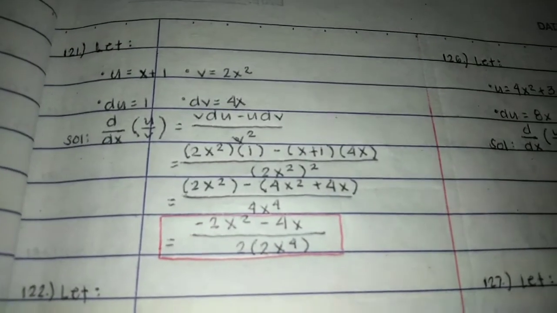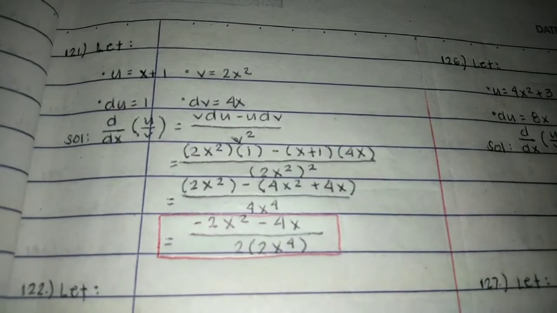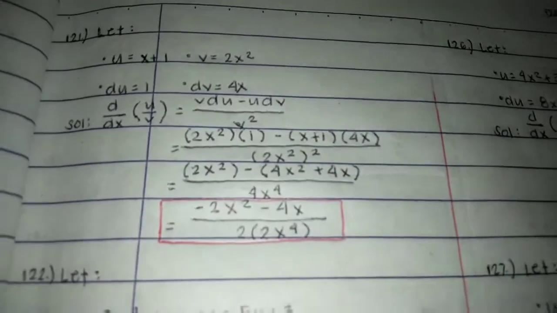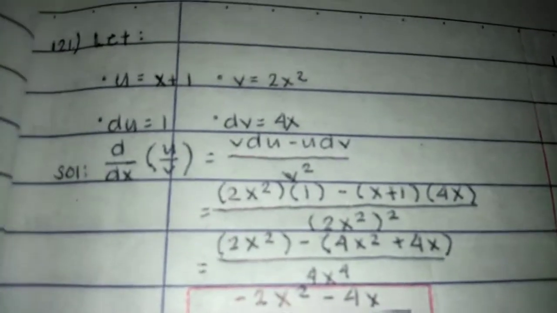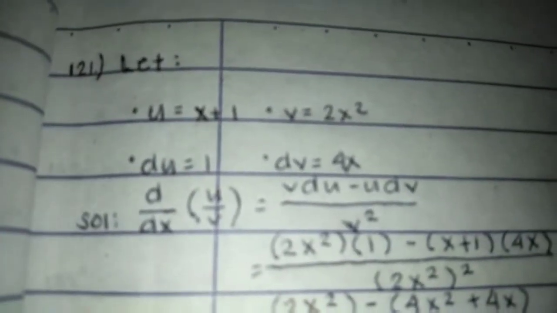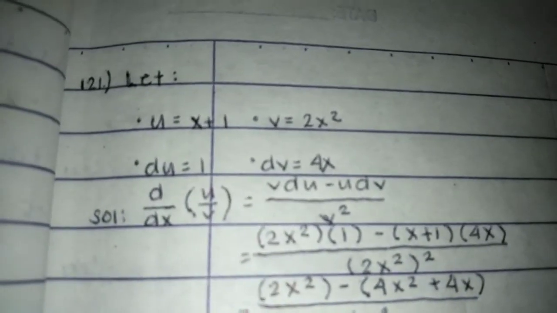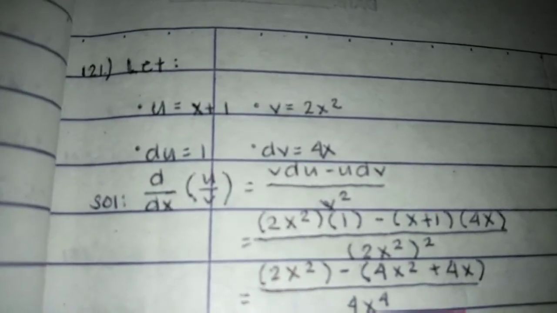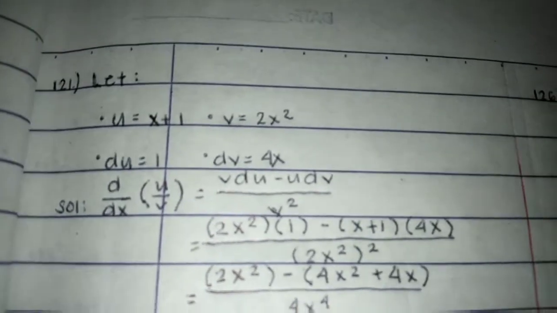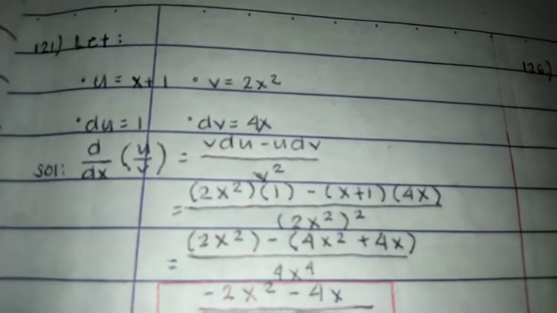The formula in the quotient rule is v du minus u dv over v squared. It's so simple. We're going to find the values of u and v and their derivatives. So u is equal to x plus 1, and its derivative is 1, and v is equal to 2x squared, and its derivative is 4x.